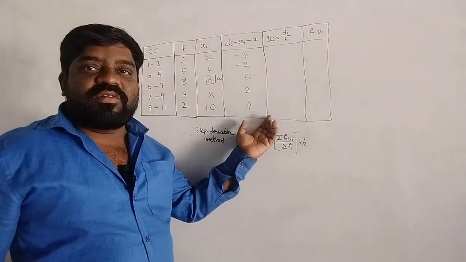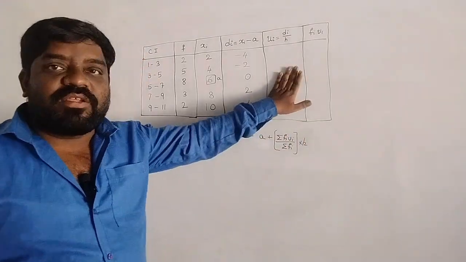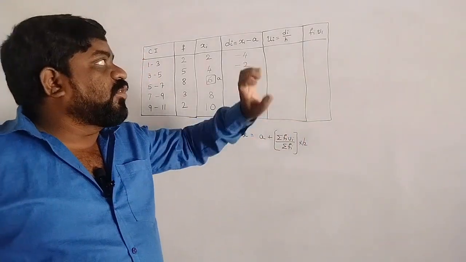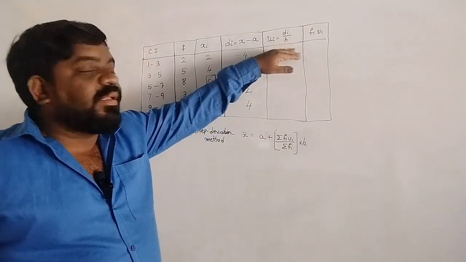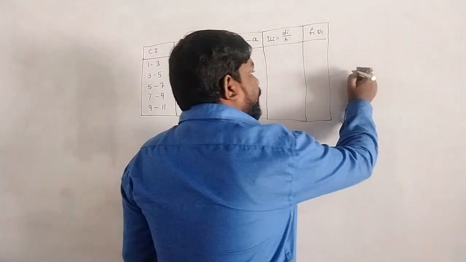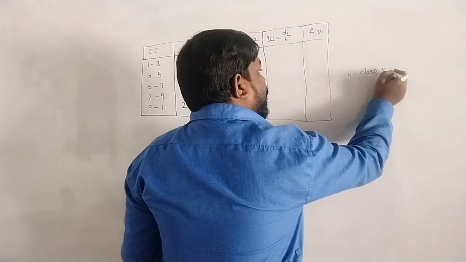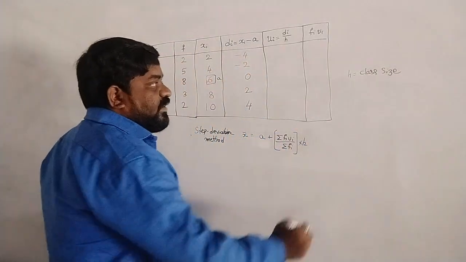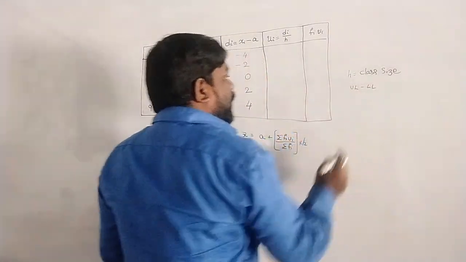So till here we have seen in the previous method. Now we need to find ui. The formula to find ui is di by h. H is the class size. To find the class size, upper limit minus lower limit.